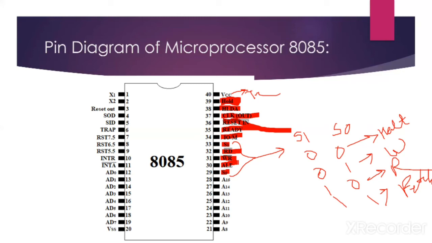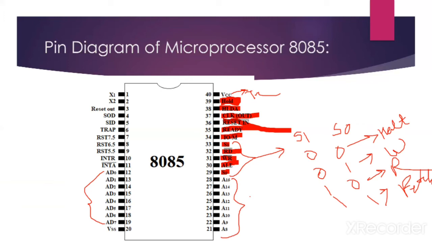Next pins, from 21 to 28, are the address pins or address lines, from A8 to A15 and from A0 to A7. 8085 has a total of 16 address lines.